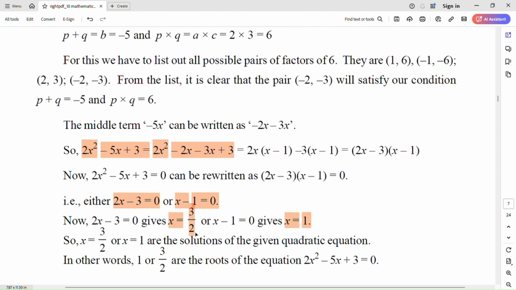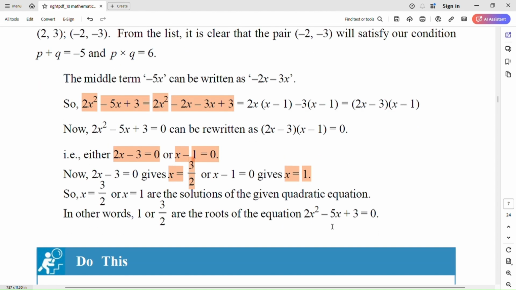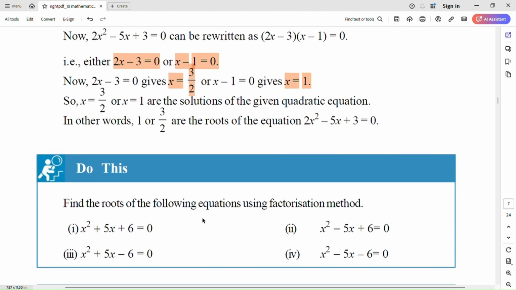X equal to 3 by 2 is a solution, x equal to 1 is also a solution. So just be careful what they are asking. Are they asking you to find just roots or integer roots or real roots? Okay. So this is how you have to do the factorization method and find the solution to the quadratic equations.